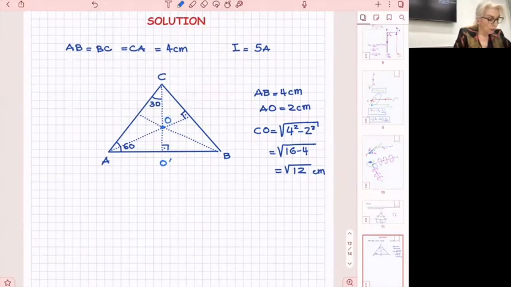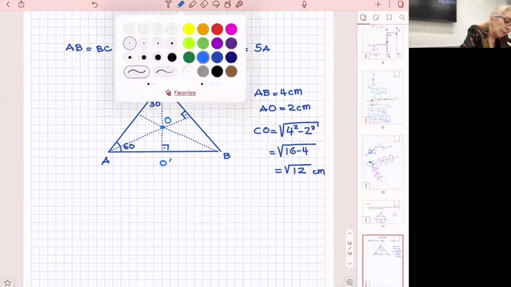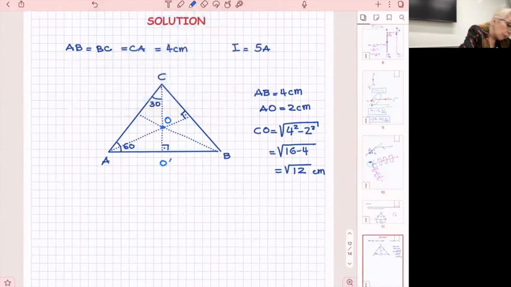So what we want to find is the magnetic field at position O. We know now that this angle is 30 degrees. We also know that this will be 30, which implies that this one is 180 minus 30.